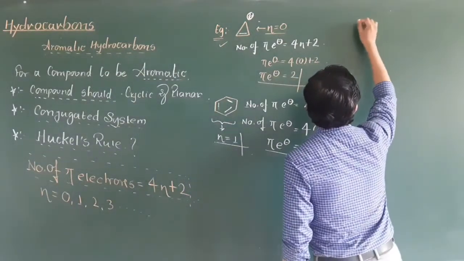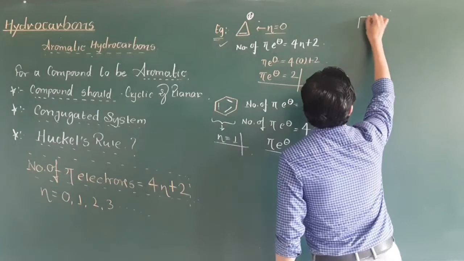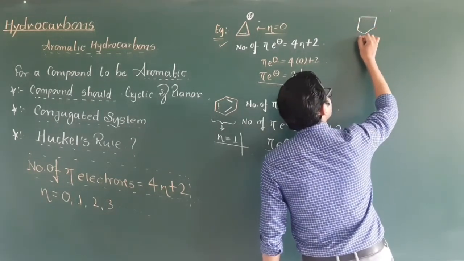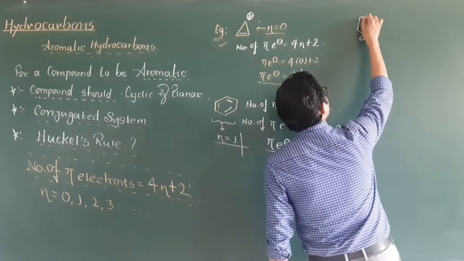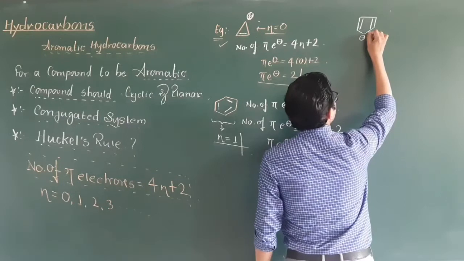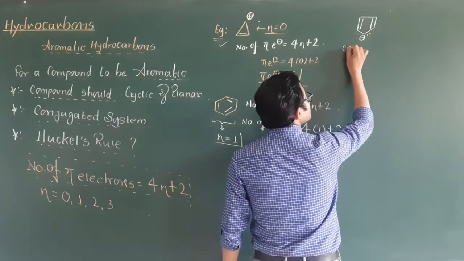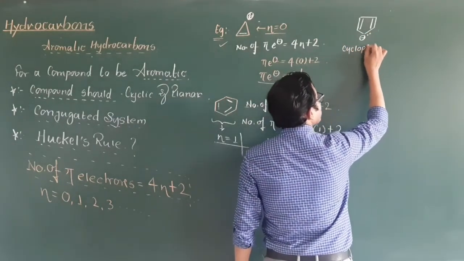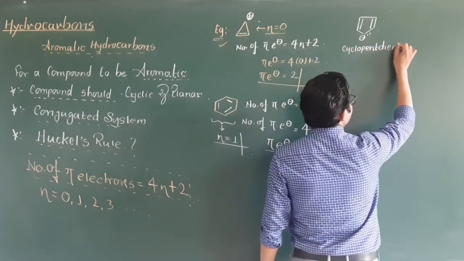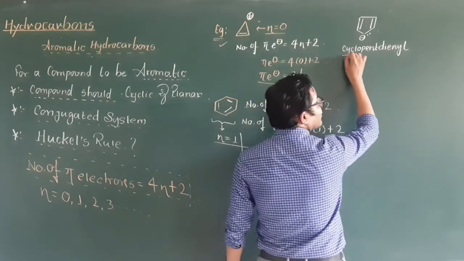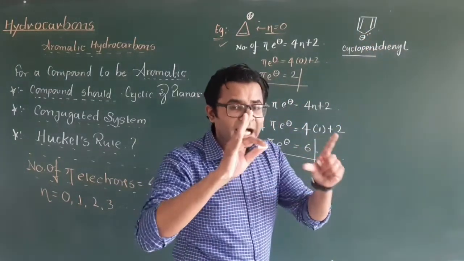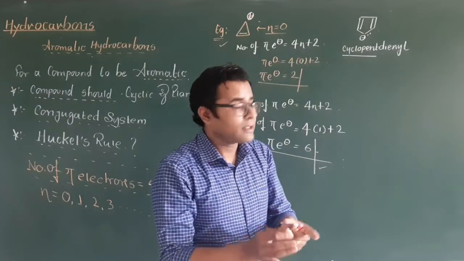We'll observe one more. Let's take into consideration this compound here. Observe carefully. This is cyclopentadienyl. Cyclopent means a 5-membered cyclic system.